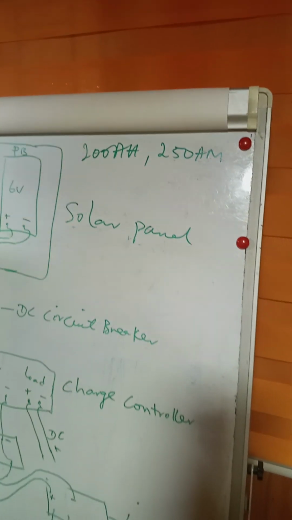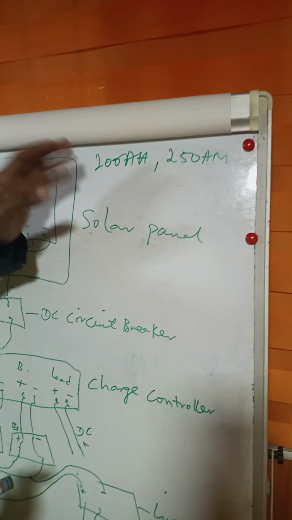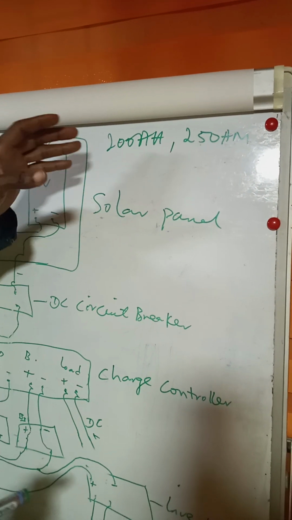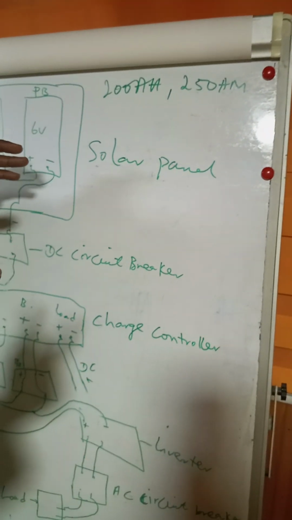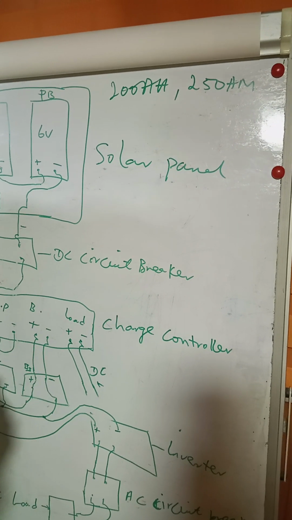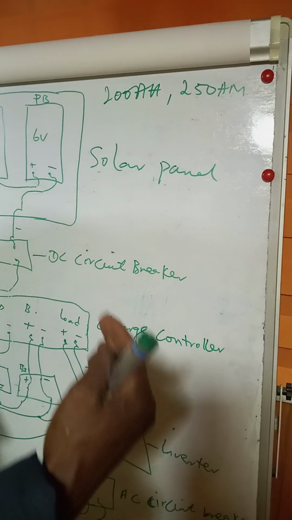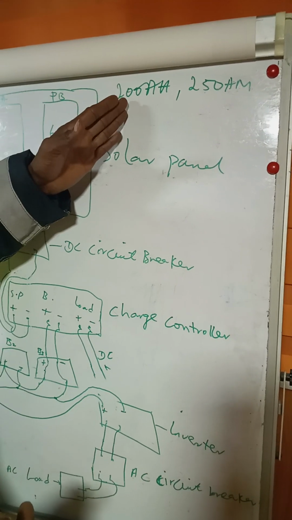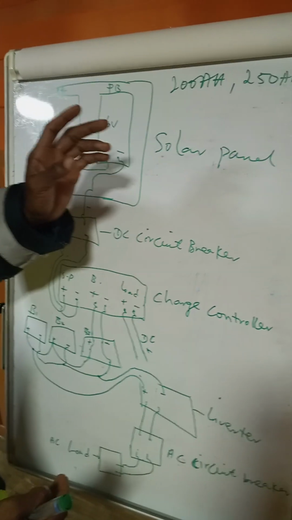So this means that any battery that is rated 200 ampere hour, within an hour it can effectively give out 200 amps. Okay, so if you want to supply your load for 2 hours, then you reduce your load to 100 amps load.